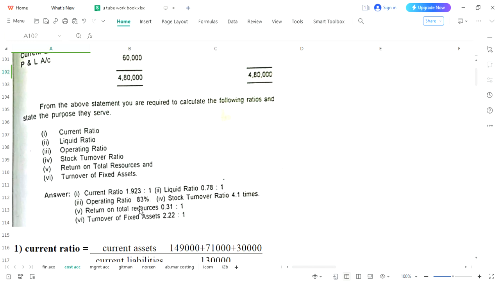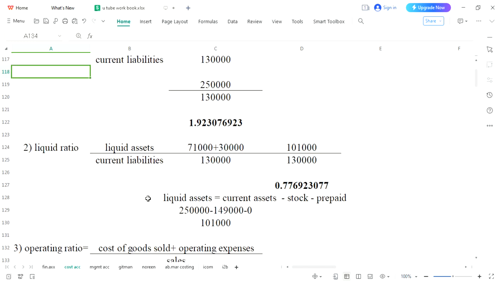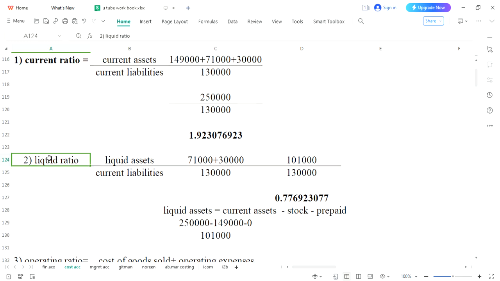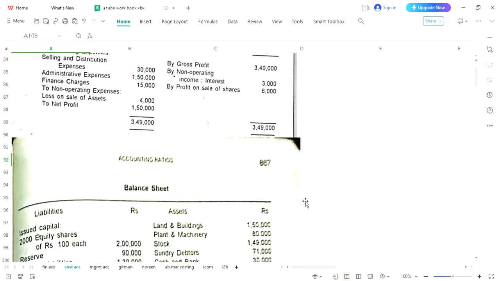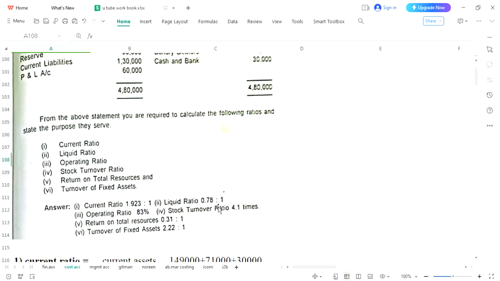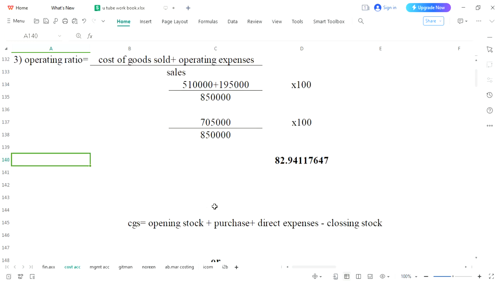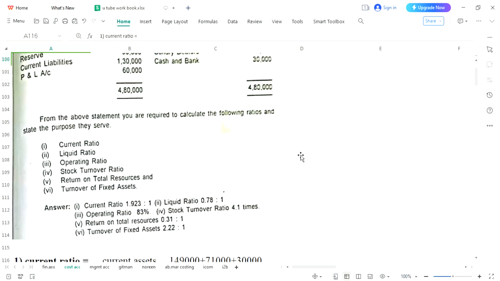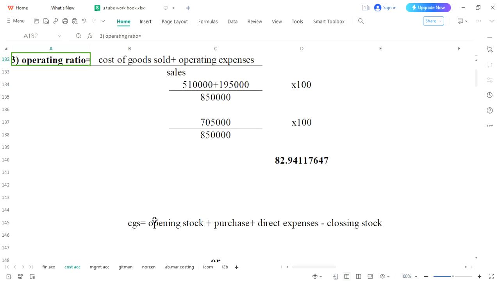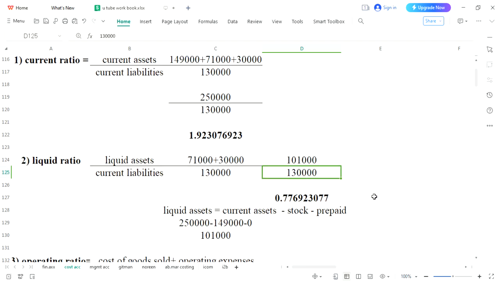Please note it down. First ratio was current ratio, 1.92. Then we calculated the liquid ratio. Answer was 0.77. And then we have operating ratio, which is 82.9. Round figures are mentioned over here, so you may call it 83%.